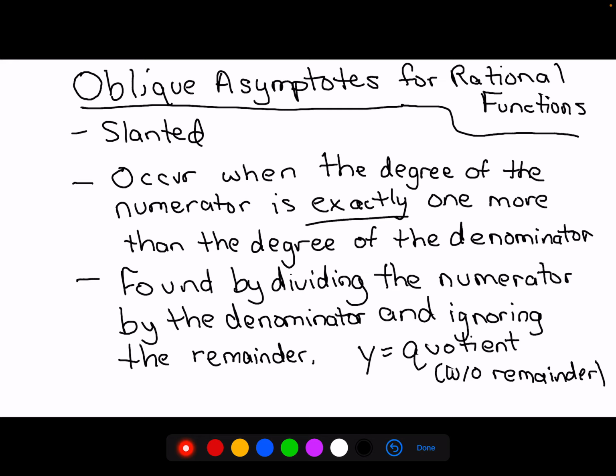So you can have more than one vertical asymptote. And then in addition to that, you can have either a horizontal asymptote or an oblique asymptote, or you could have neither one of those. That could happen too. All right, so I guess I should write that down.